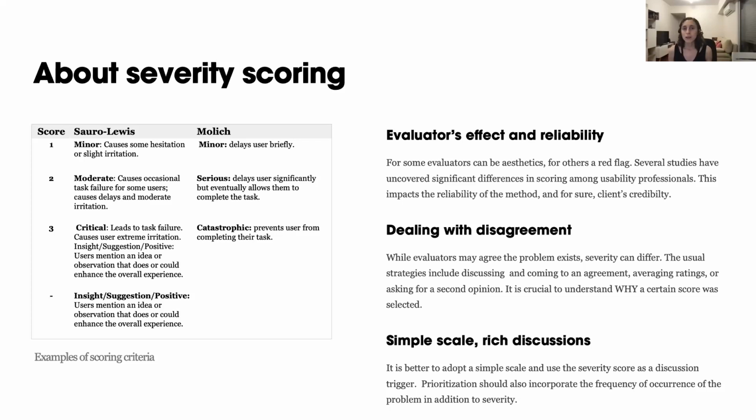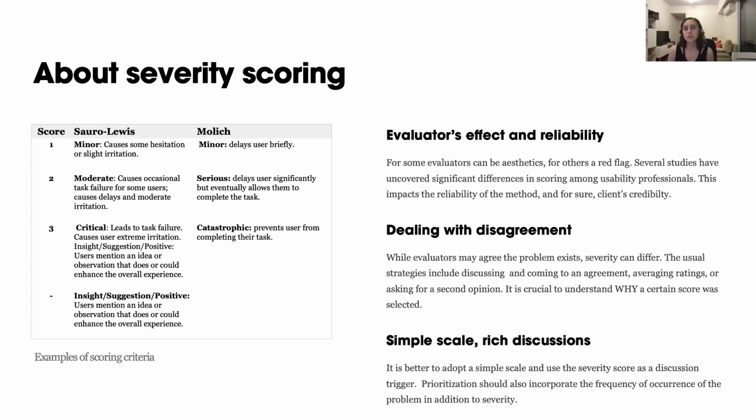The suggestion for the scoring, if you want to be very objective, is to use a very short scale, something like 3 scores. We have a proposal on the left, Molich and Sauro-Lewis scales are kind of simple if you want to score. For example, Molich says minor is something that delays the user briefly.